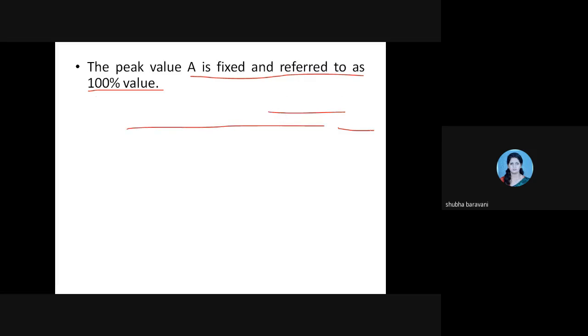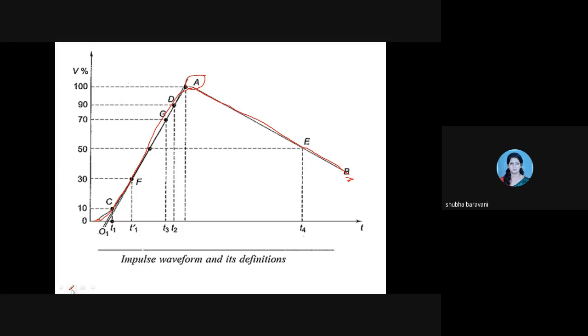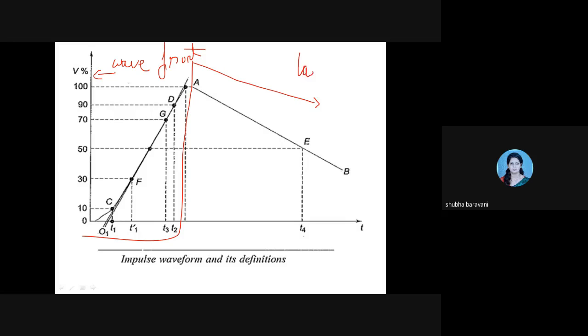What do you mean by front portion? Up till point A, this is called the wave front, and the part after A is your wave tail.